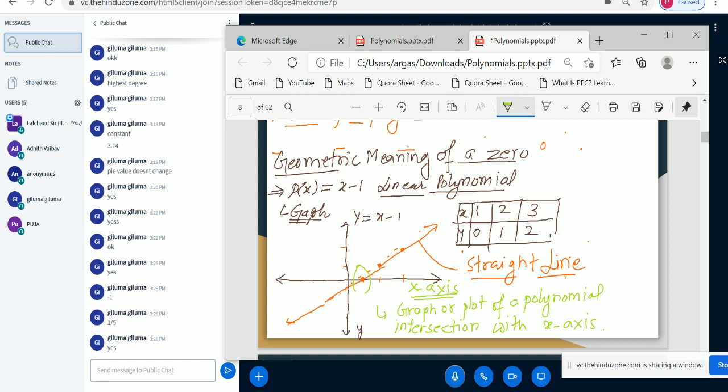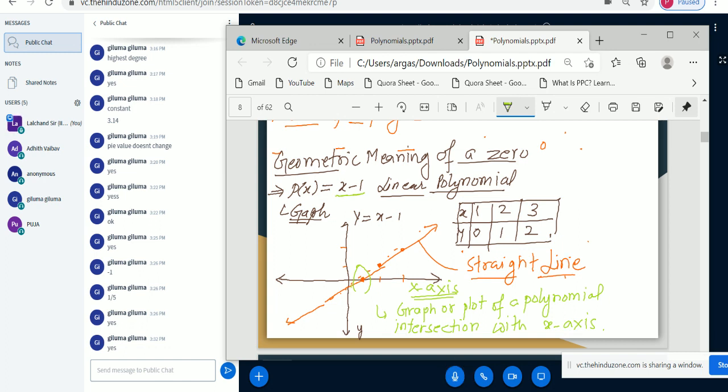Please tell me, are you getting it or not? The geometric meaning is simply that if we make a plot of that polynomial, the number of times that plot intersects with the x-axis is simply the number of zeros. Like this line is intersecting once with the x-axis. The number of zeros for a linear polynomial is 1.